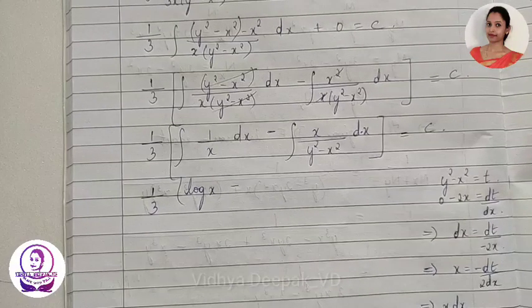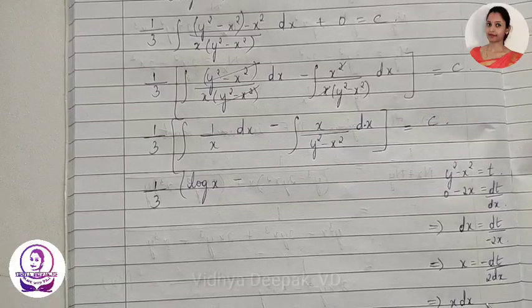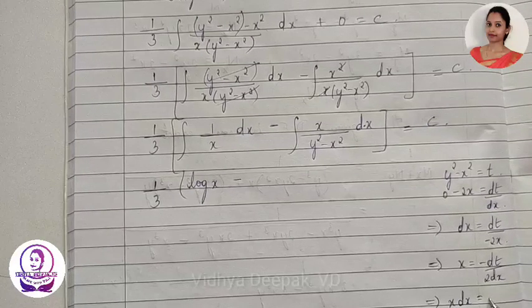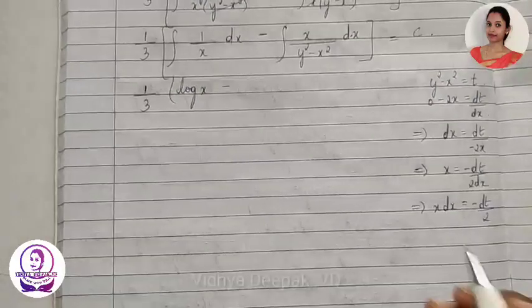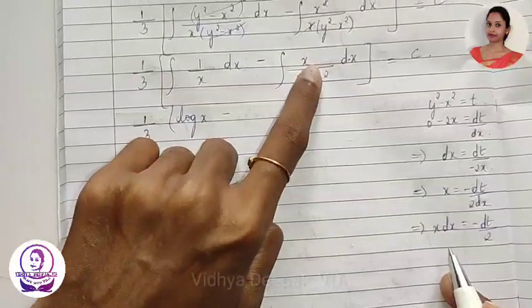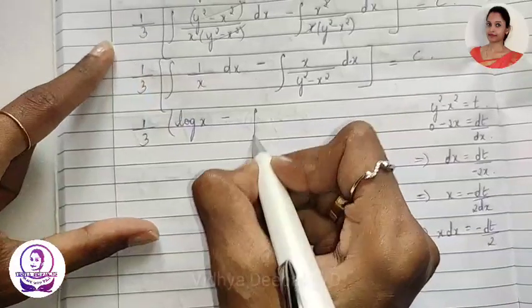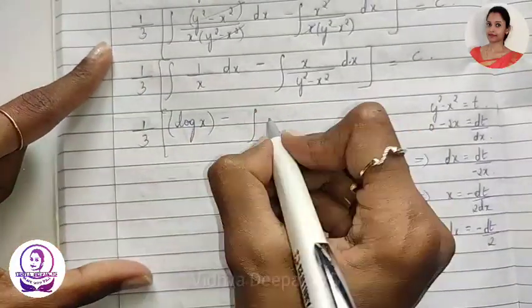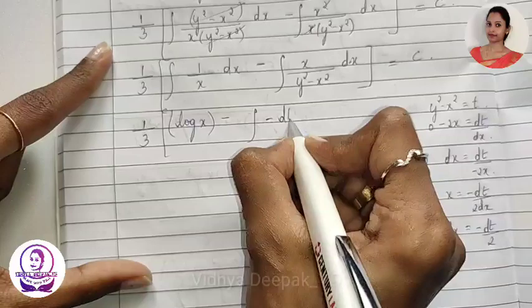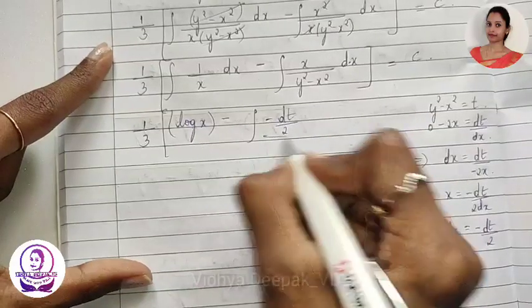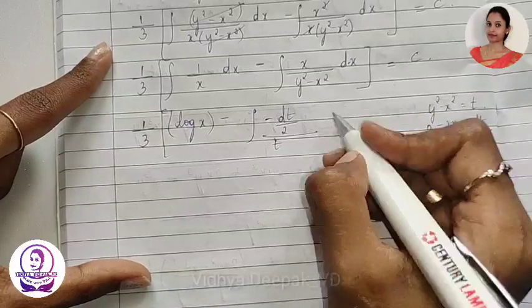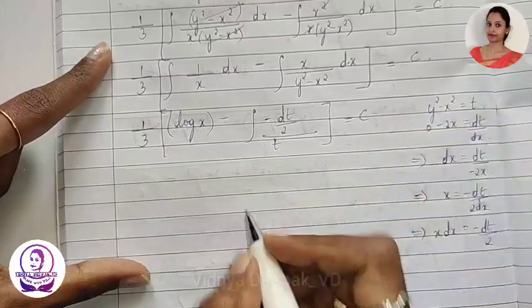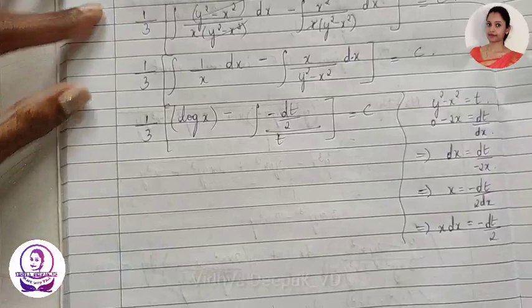If I bring this to the side, I'll have x dx is equal to minus dt by 2. This is our easiest substitution. So numerator x dx can be replaced as minus dt by 2 divided by t, is equal to c.